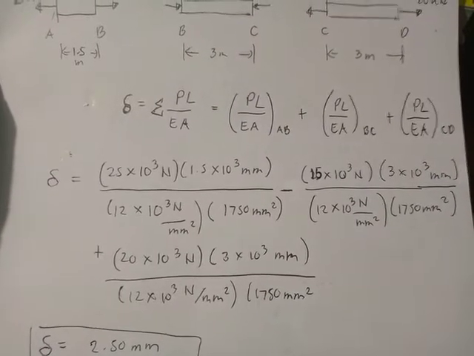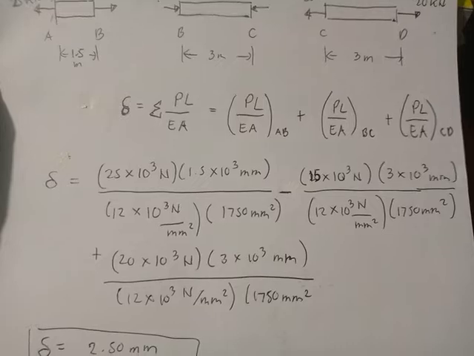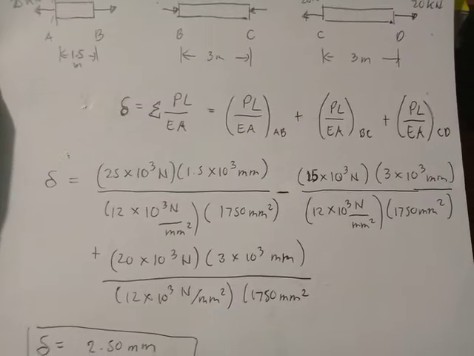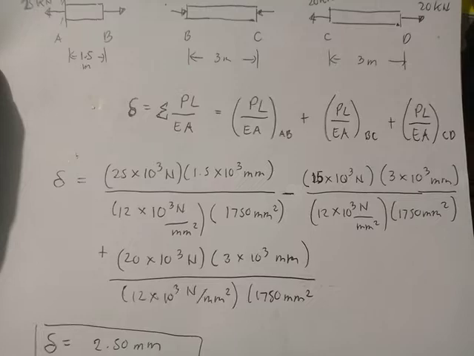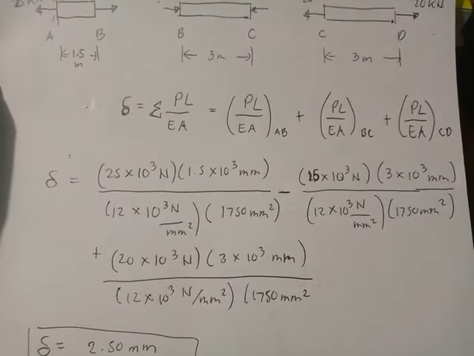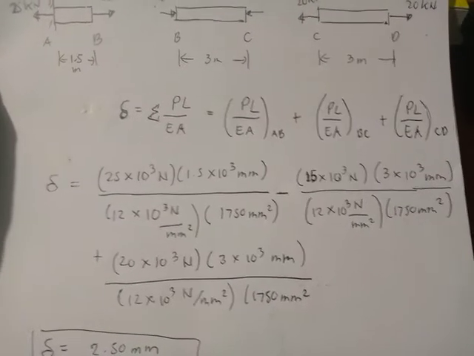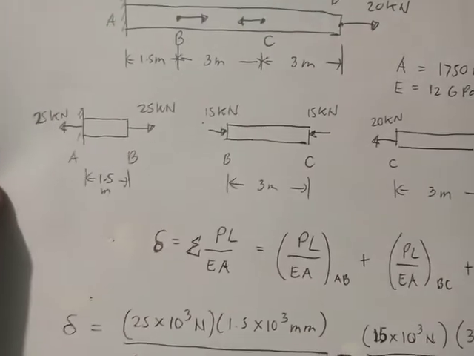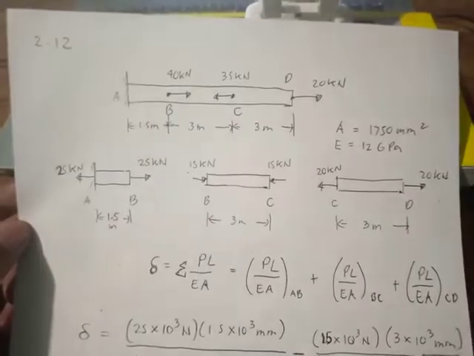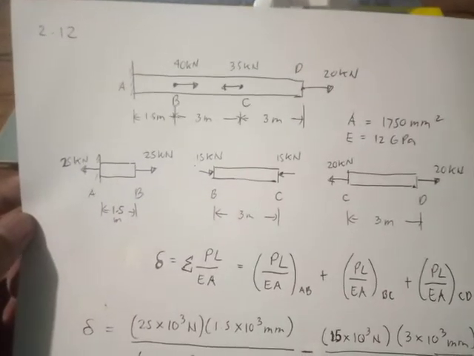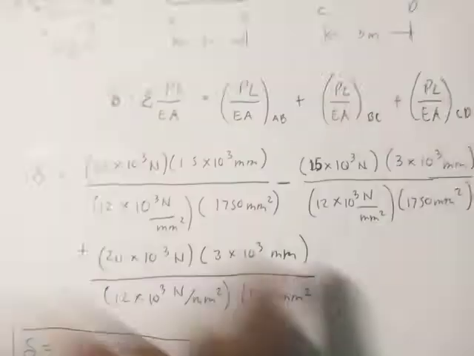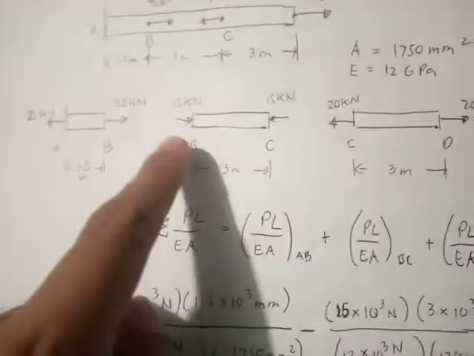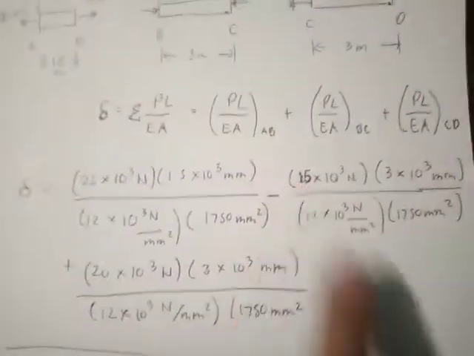So, PL over EA, converted all the forces into Newton and all the lengths into mm in order that all will be uniform. Please take note that if the force is tension, it's positive. If the force is compression, it's negative. That's why 15 here is compression, so negative.